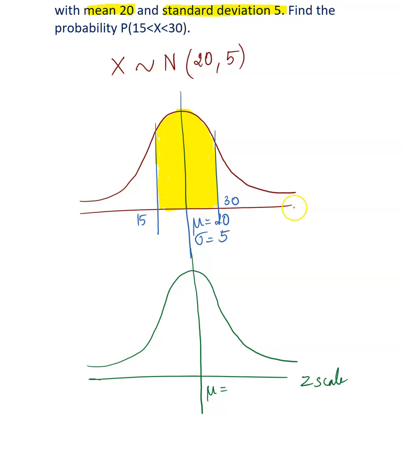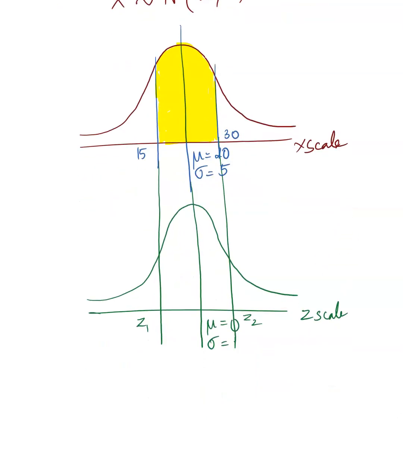This was an x scale. And you know how z scale helps standardize these things. If you go to a z scale, you automatically have mean as 0 and sigma as 1. Now because I adjusted the mean from 20 to 0 and the sigma from 5 to 1, you know that these ones also will correspond here, but now I'll have to find their corresponding z-scores. Because there are two values, I'm going to call this z1 and I'm going to call this z2.